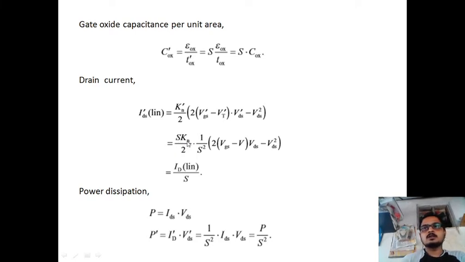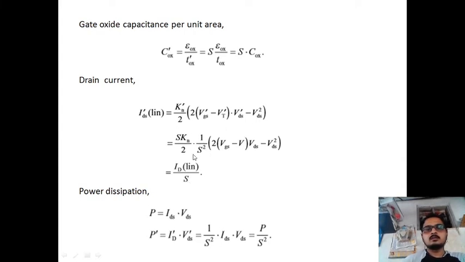The factor which is not scaled is multiplied by the scaling factor S. Then VGS minus VT is a voltage, so it is scaled: VGS minus VT by S. VDS is also a voltage factor, so VDS by S. Then S into S equals S square, we take it common and get 1 by S square into the remaining factor. Here this S and one S cancel, then we get 1 by S.